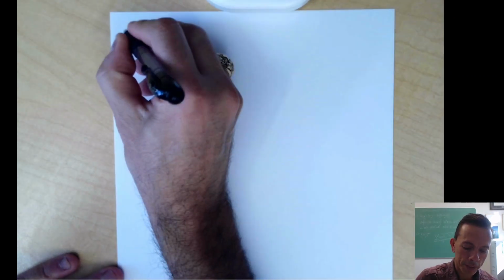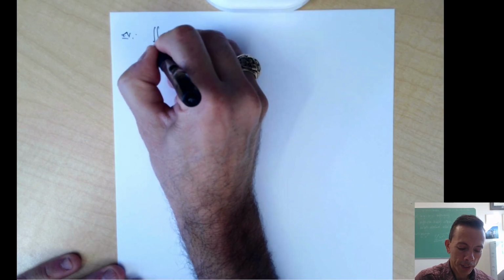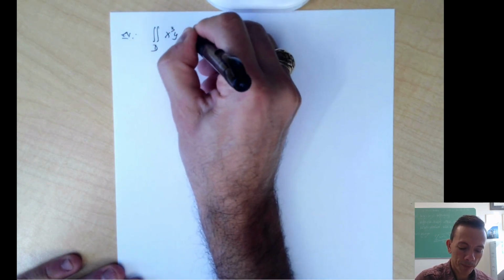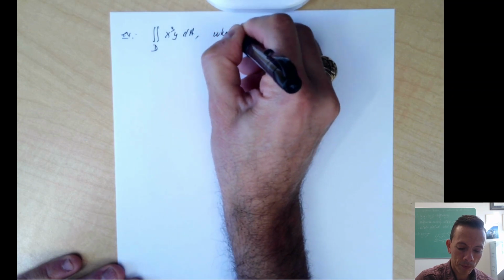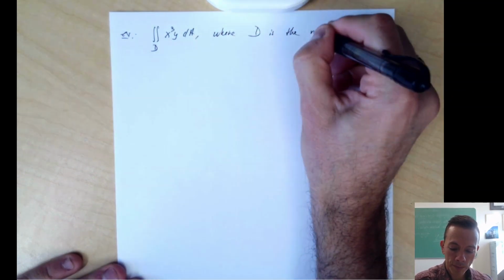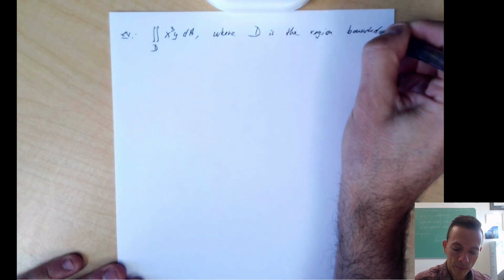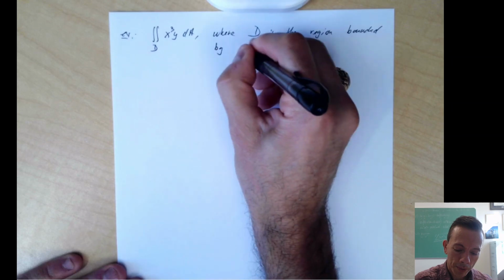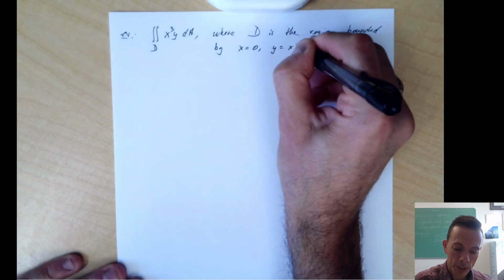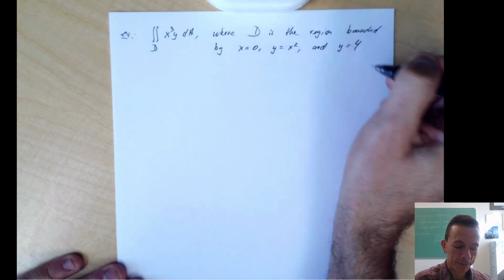So to look at an example, let's say we want to integrate the double integral over D of the function x cubed y, where D is the region bounded by x equals 0, y equals x squared, and y equals 4.